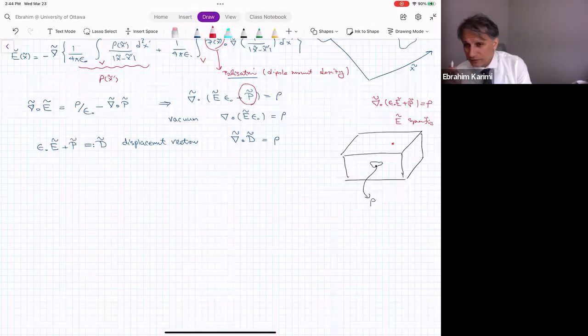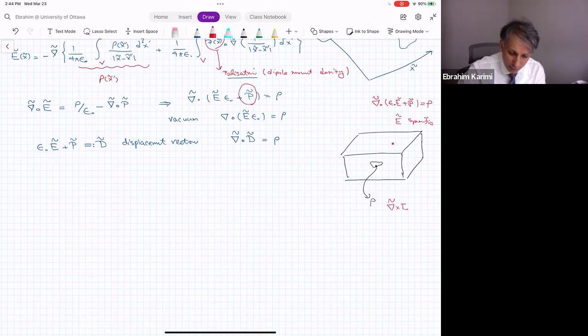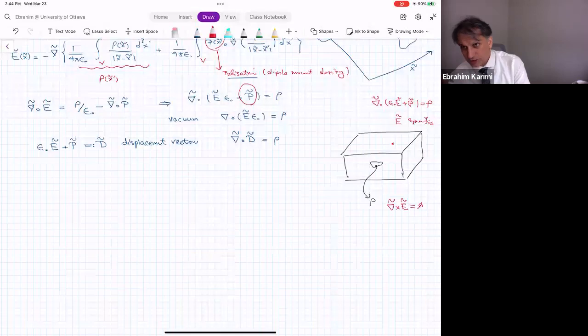Nevertheless, for electrostatics, we always have the curl of E equal to 0. Okay, so now we have two expressions. The first one, which was the Gauss law, is now modified, and the modification is given by the polarization density, which is the material property that you have to consider.